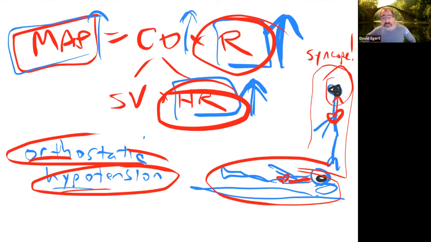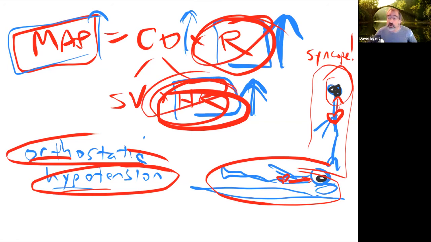So this is an example of that baroreceptor reflex. You get up quickly, the little baroreceptors say, whoa, not enough pressure right now. Then the sympathetic nervous system goes to work and does what it needs to do to bring the blood pressure up so you don't fall on your face.